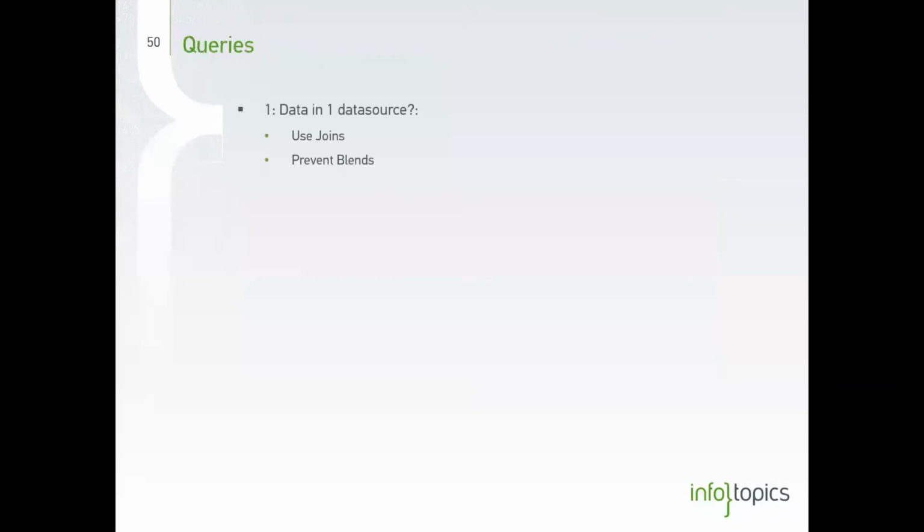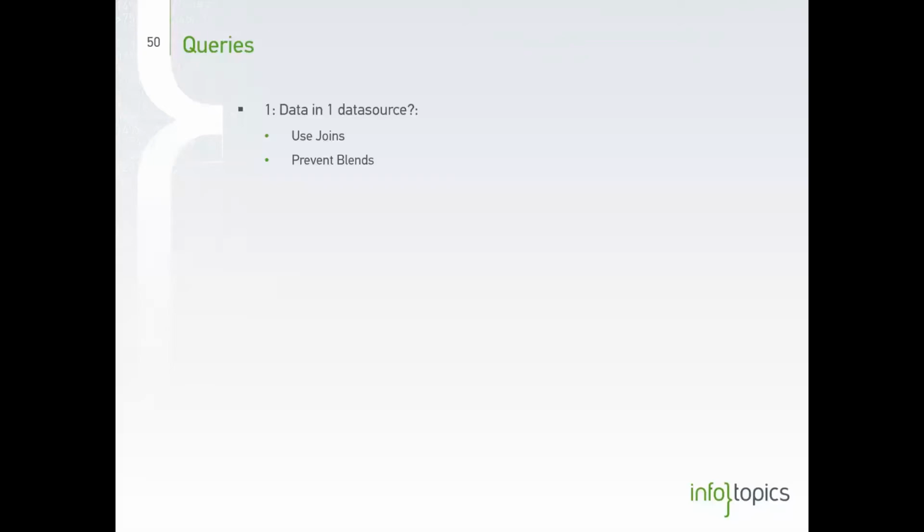It's not always possible, but if you can, prevent the blending, because a blend will always be executed after the visualization is finished. So if I have a bar chart and I blend something like my target against it, it will just first render my bar chart, and on the result of the bar chart, it will blend my targets too. So it's always two queries behind each other. So that will always be slower. So if you join it, it's in one data set and it's just one query.